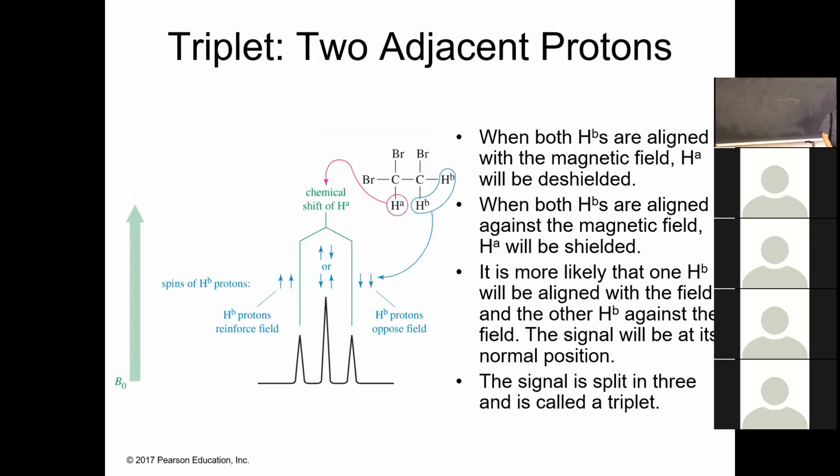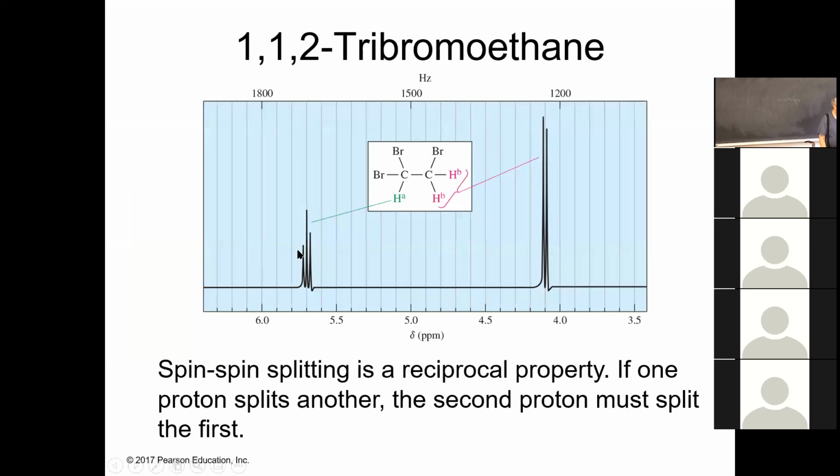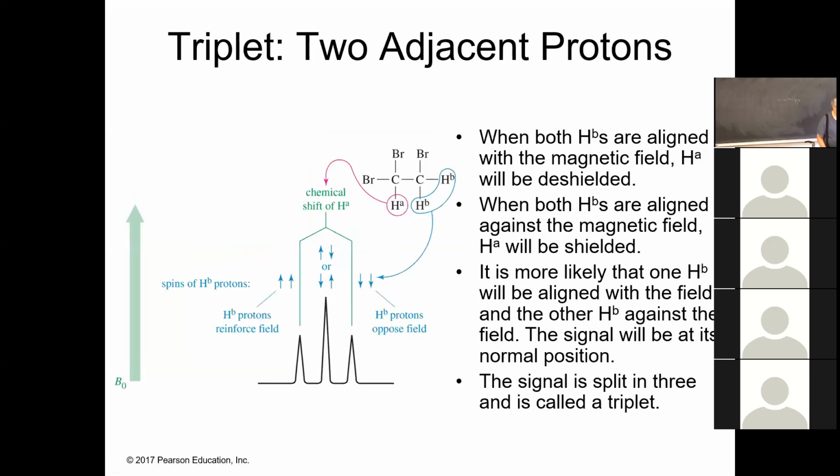Okay, let's consider the other signal here. This is split into three. So we're looking at the A proton. The A proton is going to be affected by what the B protons are doing. This time there are two of the B protons, and the possibilities are that both could be aligned, both could be opposed, or we could have one aligned and one opposed.